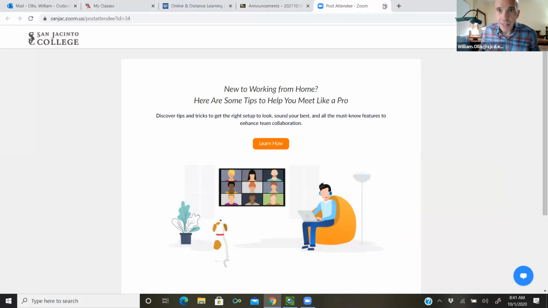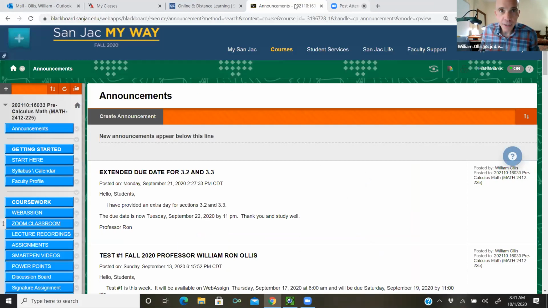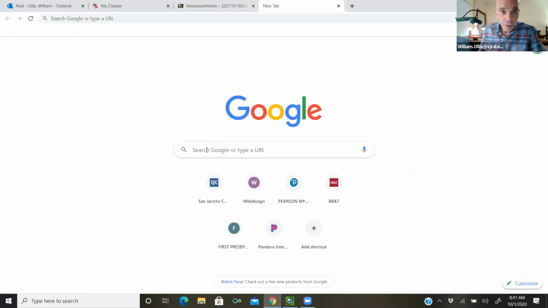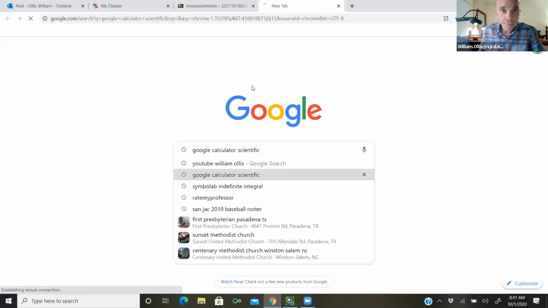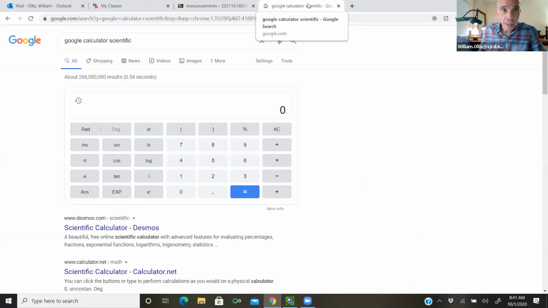I've got to get rid of all this extra stuff here because the Zoom doesn't like all this extra stuff. And let me get my Google calculator and let me move it here. Okay, and I'll get rid of that. Okay, so now let's go here. So here's my Google calculator.